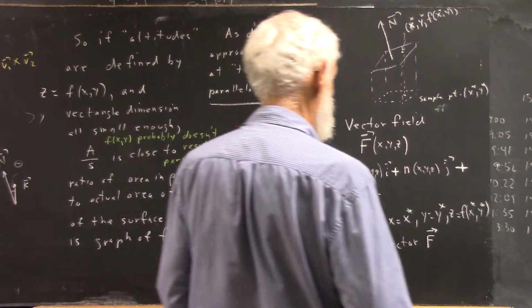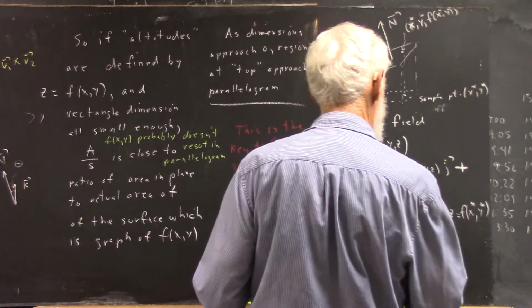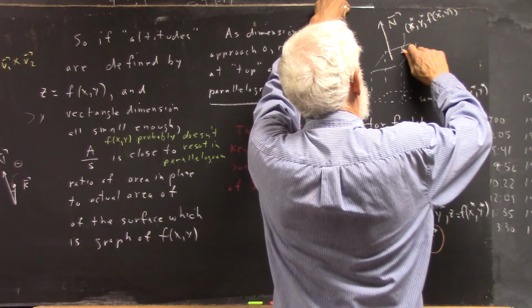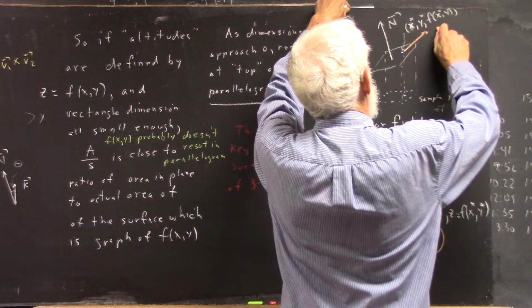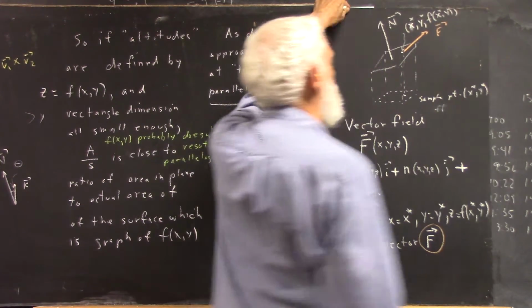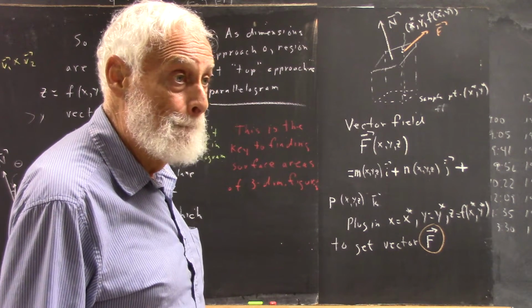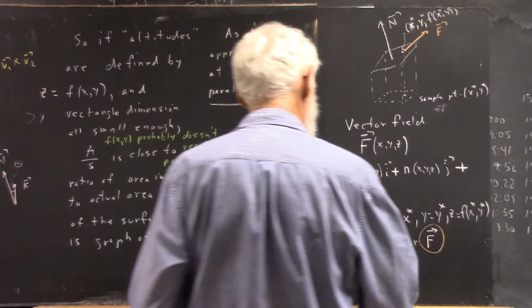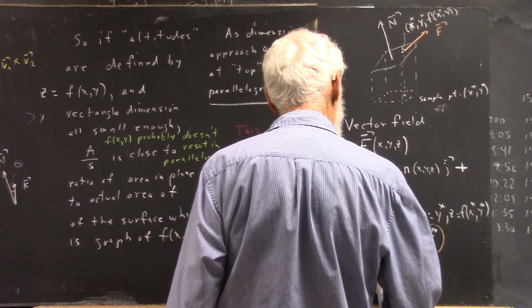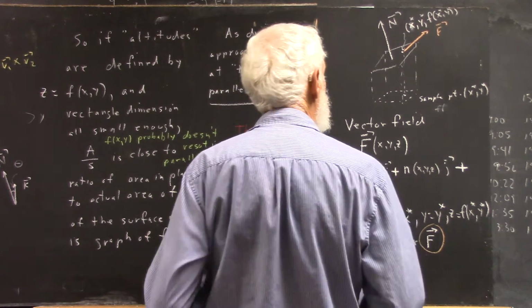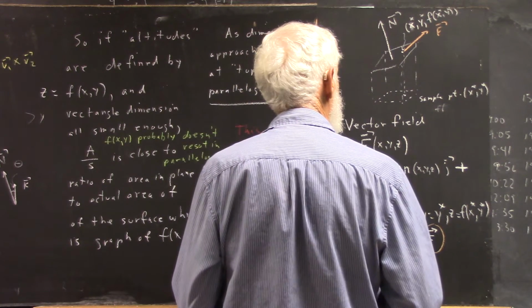And this vector might look like this, right? So now we have our normal vector, and our vector f.